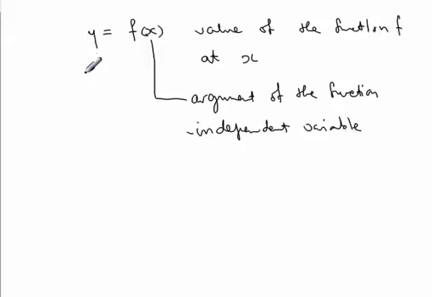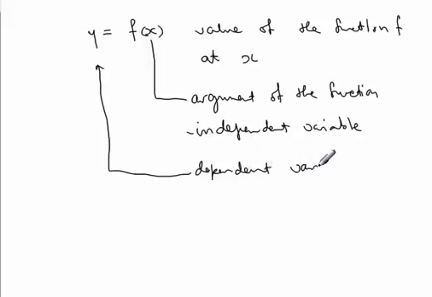Now, y here? We're never going to know y unless and until we know x. We're going to compute y from x. So y here is going to be called a dependent variable.